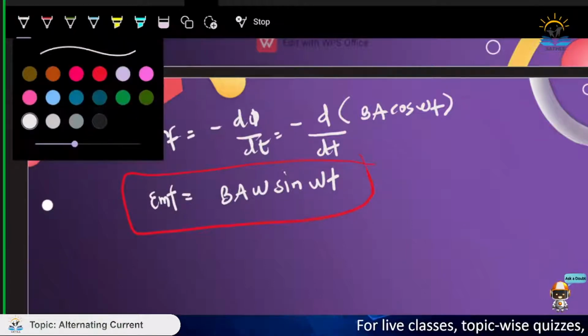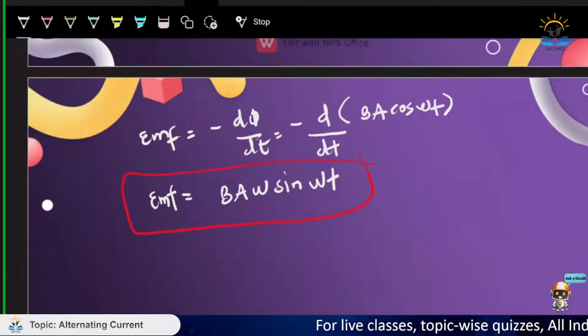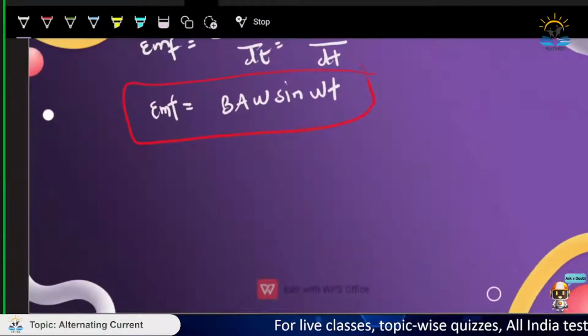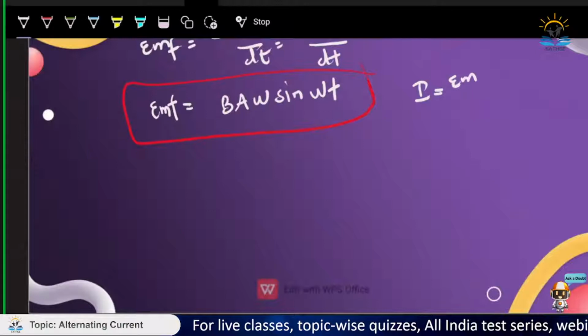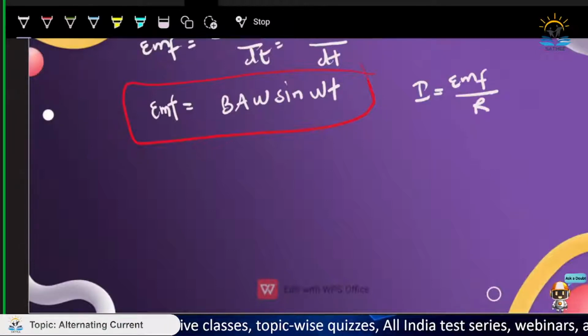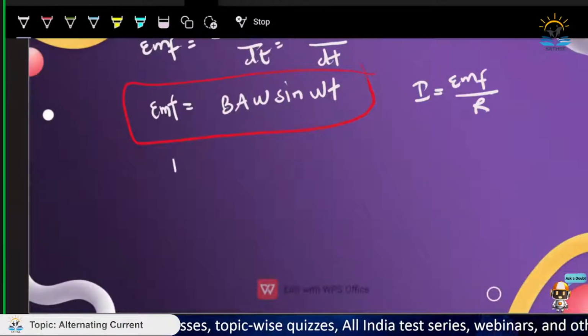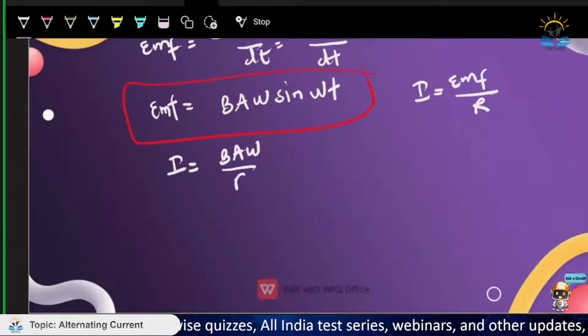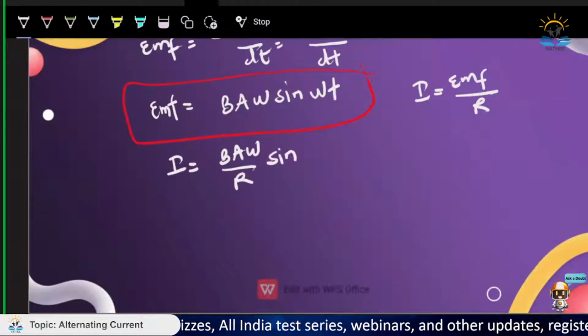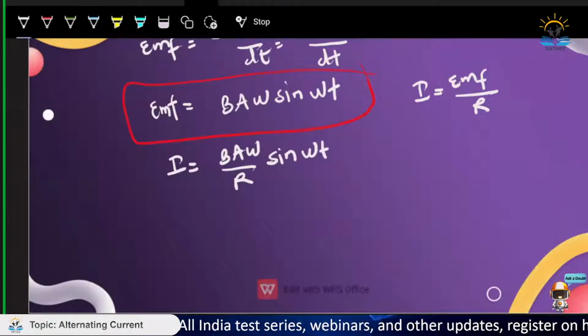From this equation, we will get the equation of current I. Current I will be voltage or EMF divided by resistance. So I equals B A omega by R sin omega t.